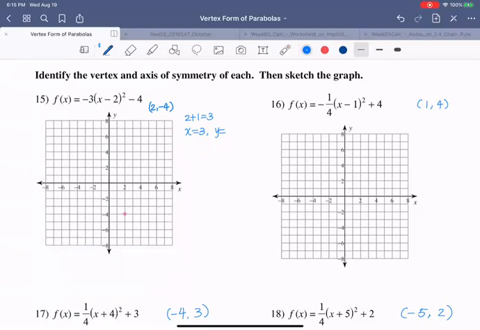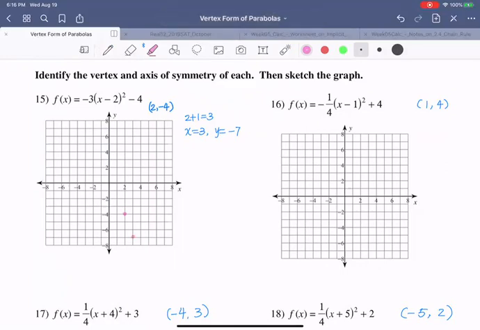Look, 3 minus 2 is 1. 1 squared is 1. -3 times 1 is -3. -3 minus 4 is -7. Never mind, it's okay. So you have the point (3, -7). (3, -7) is here, right?